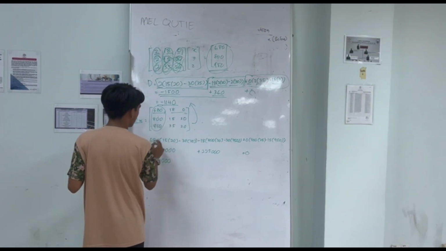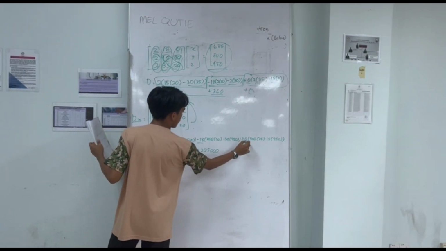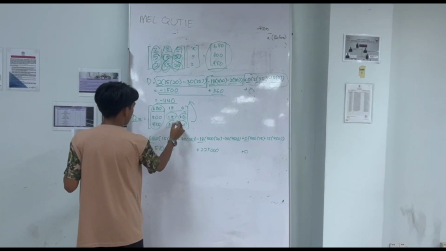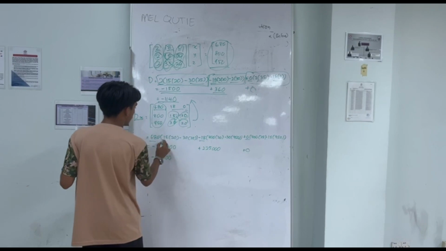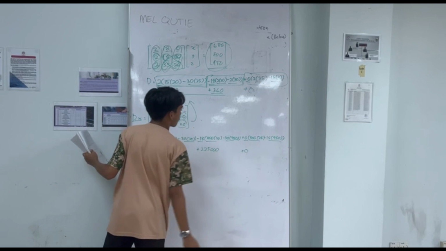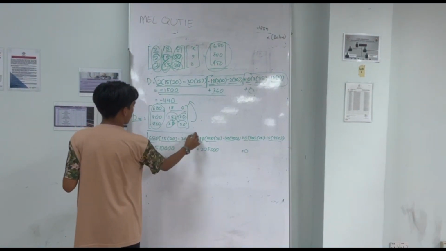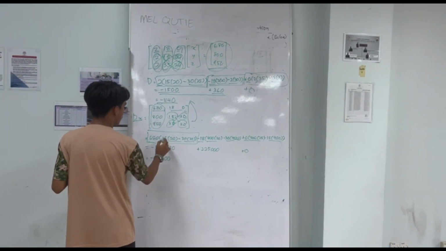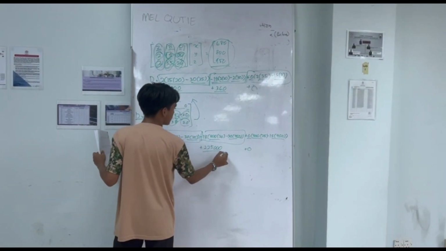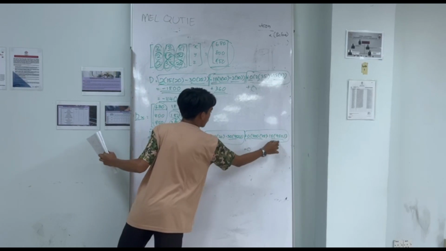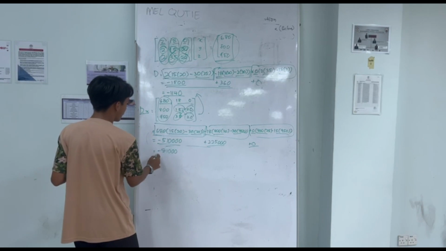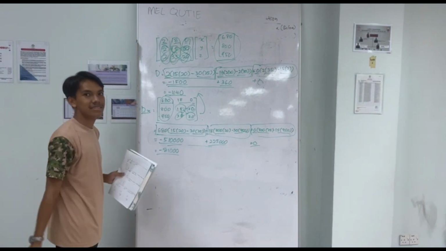Put here to the front, and then we multiply this part: here, here, here, here, here, and here. Then we solve part by part. First part we get this, second part we get this, and third part we get this. Then finally we get this for determinant x.